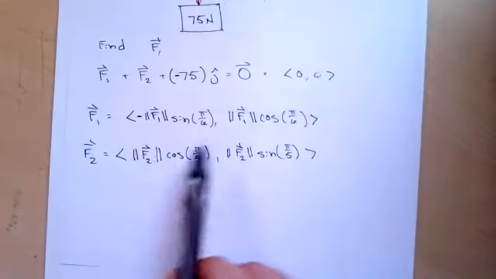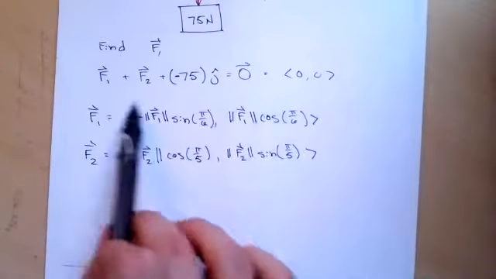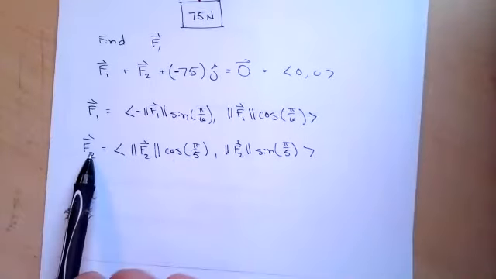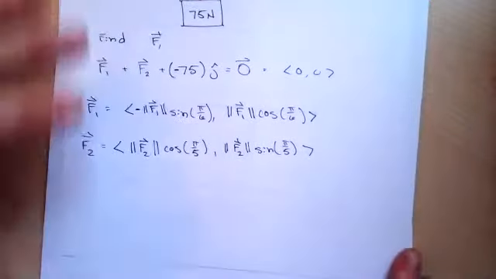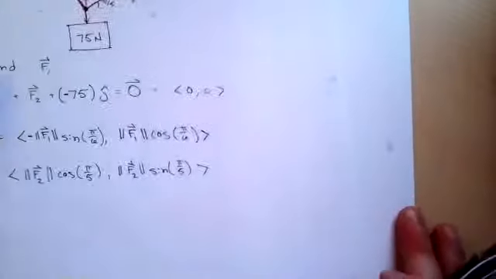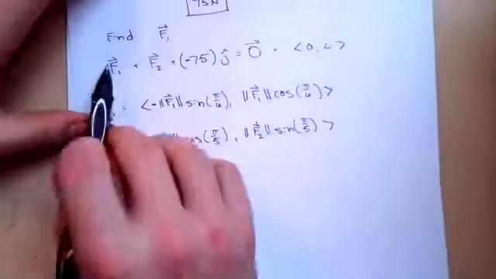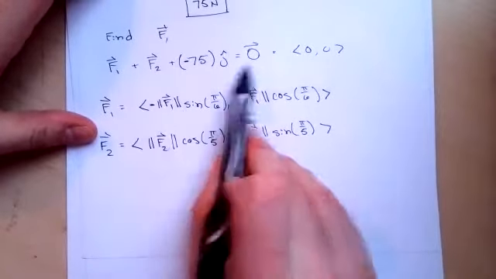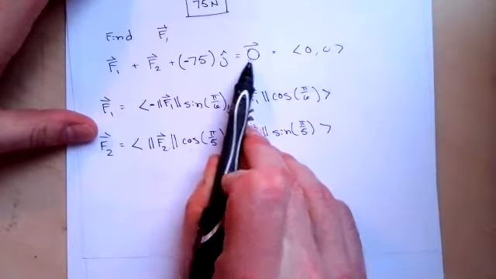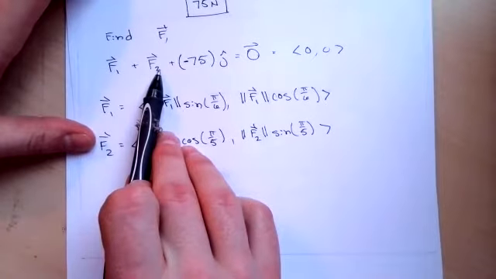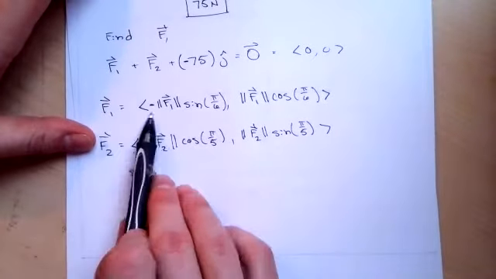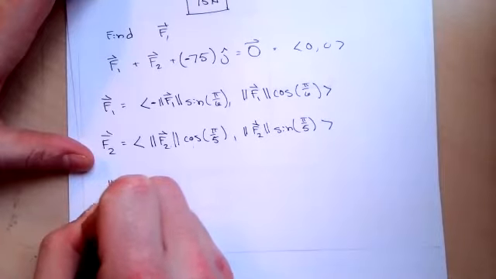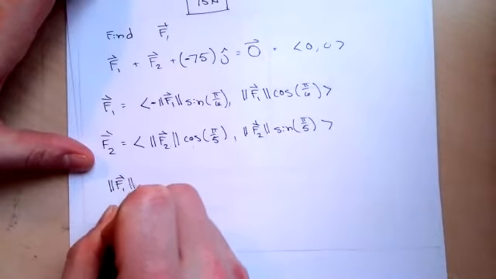So it means we simply have to rewrite this equation in terms of the components that we found for F1 and F2. So our equations are going to look something like, we have F1 plus F2 plus this J component is going to equal 0. So if we add the two vectors F1 and F2, our X component is going to be norm of F1 times sine of pi over 6.